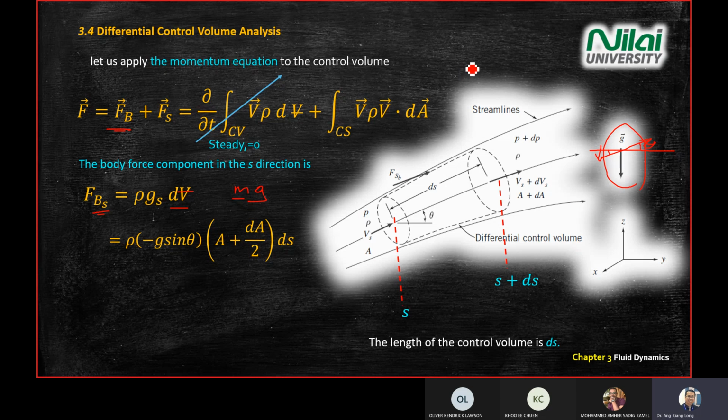If you draw the vector diagram, this is your G, this is your theta, and this is your stream direction. Between the opposite and hypotenuse is sine, so you get negative G sine theta. Why do you have a negative there? Because your gravitational force is moving down, and your axis is always pointing up positive. That's why we have a notation of negative here.